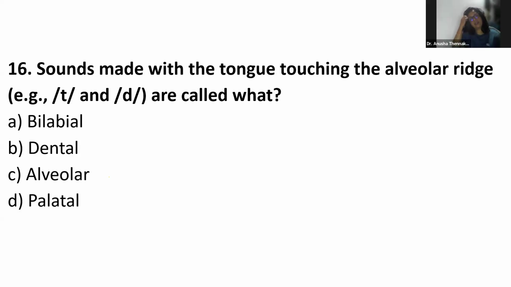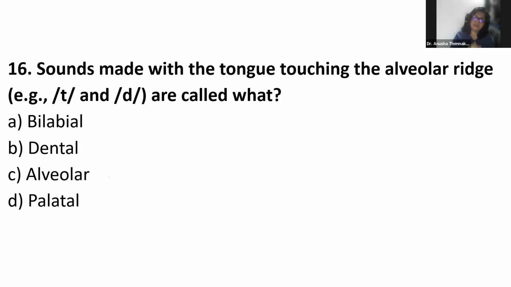The sounds made with the tongue touching the alveolar ridge, for example t and d, are called what? Wrong answers are there. Correct answers are also there.